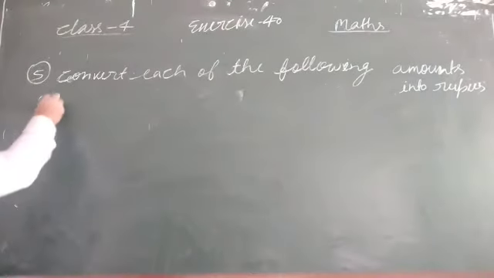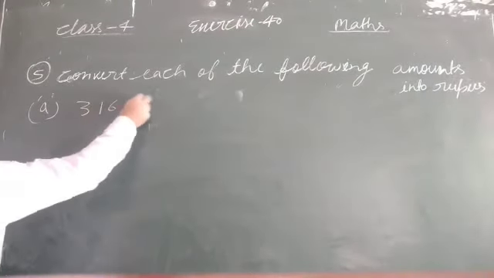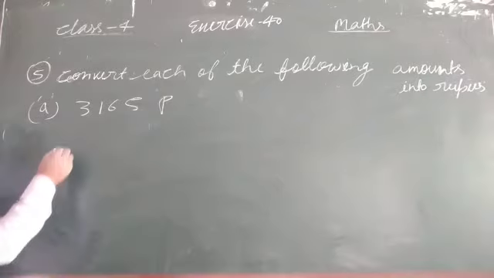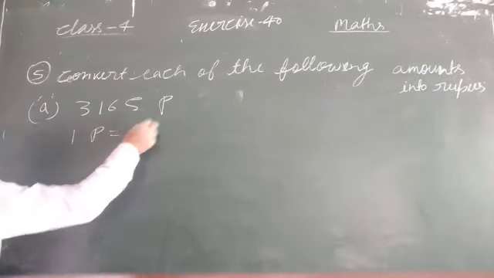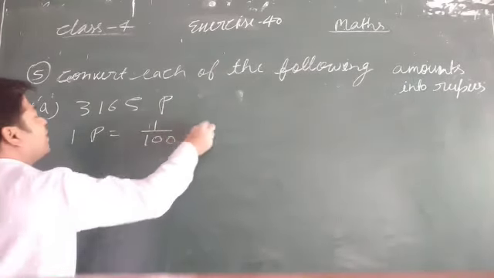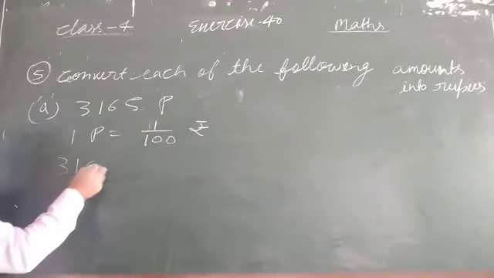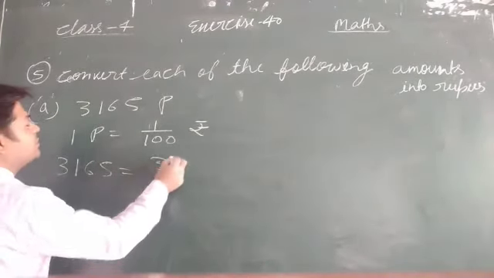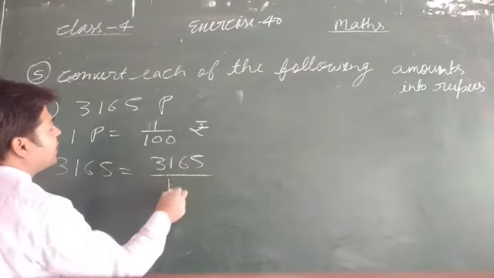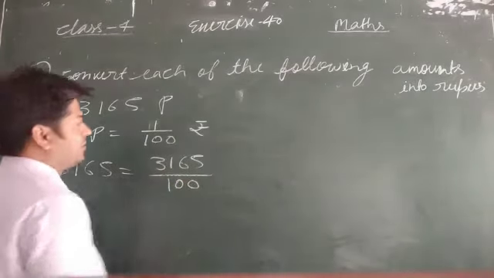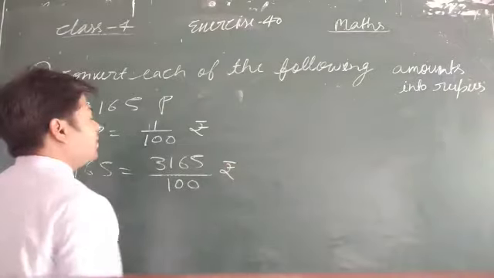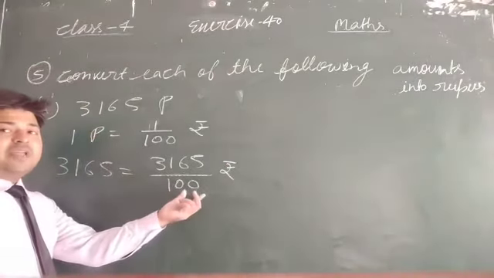First is this: 3165 paise. So you have to write here 1 paise equal to 1 upon 100 rupees. So 3165 paise equal to 3165 upon 100. Okay.